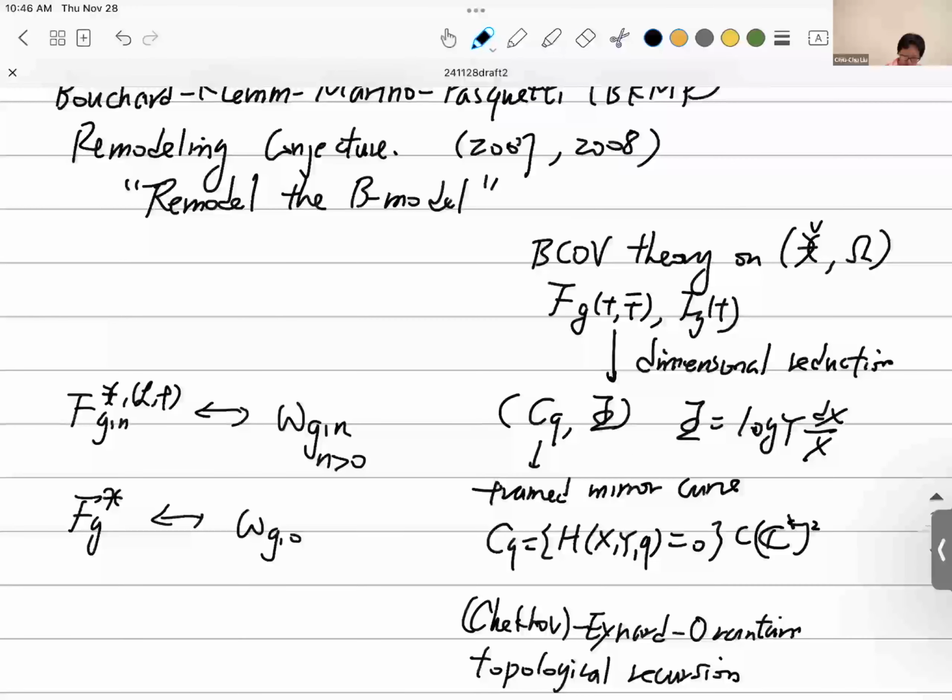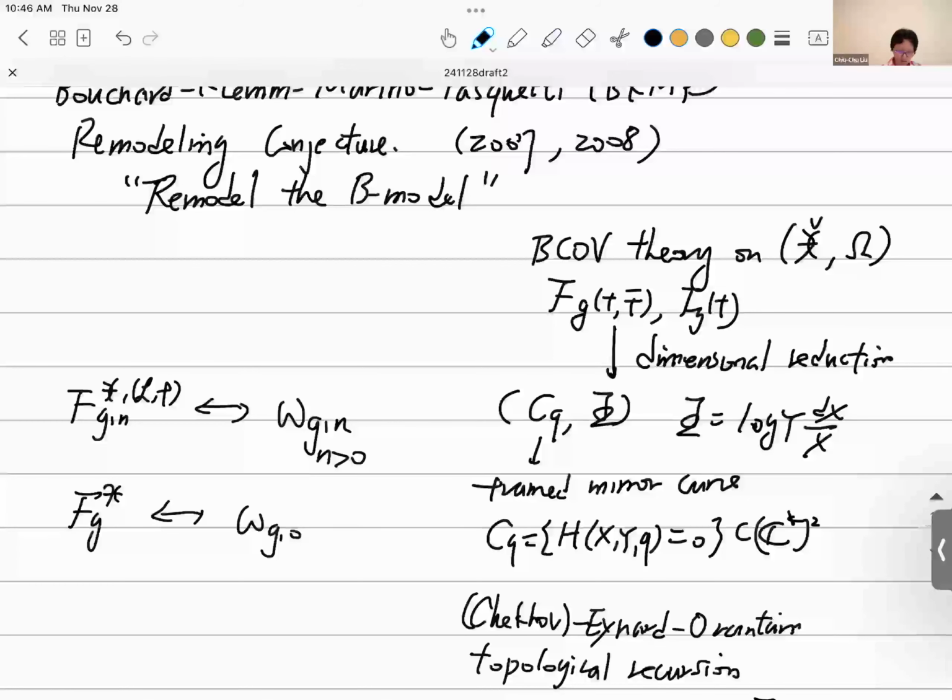Now the A-model, I will give the precise definition, but we have a moduli space and we can define this generating function of the open and closed invariants. They can be defined using localization.